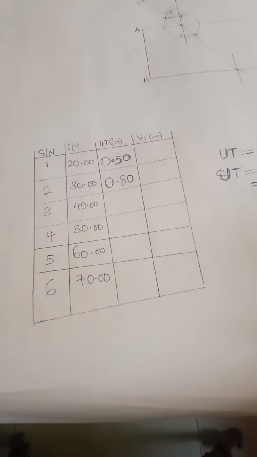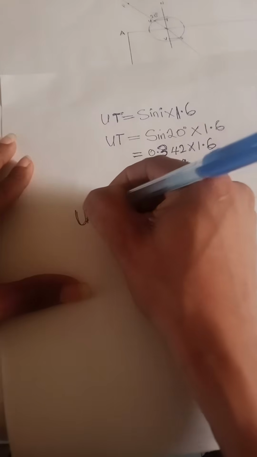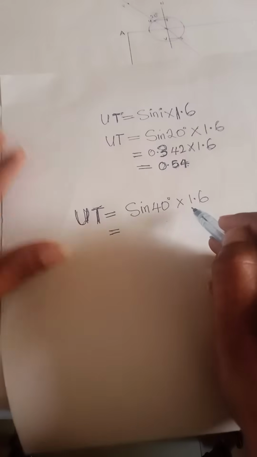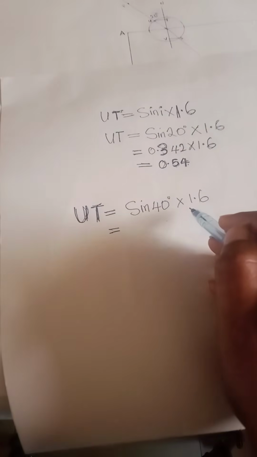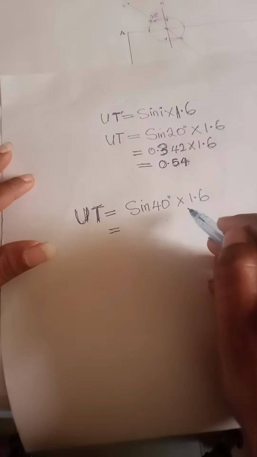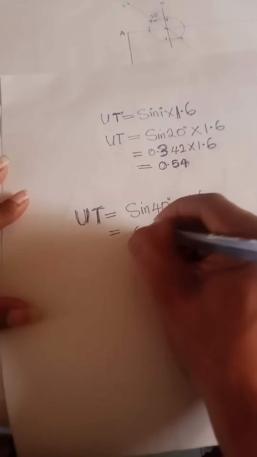So if I want to get the next reading, which is when it is 40 degrees, I will say my UT is now equal to sine 40 times 1.6. From the calculator, sine 40 degrees gives you 0.642.